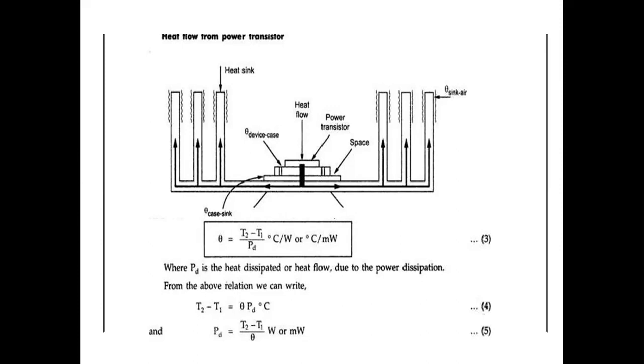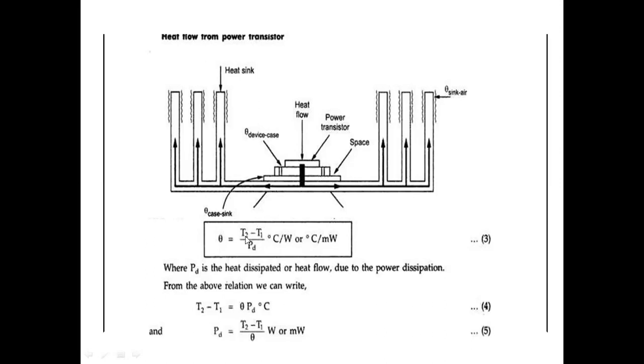So, similar to electrical resistance, a thermal resistance can be defined. Thermal resistance theta is equal to (T2 minus T1) by PD, in degree centigrade per watt or degree centigrade per milliwatt. Here T2 minus T1 is the temperature difference, and PD is the power dissipation.